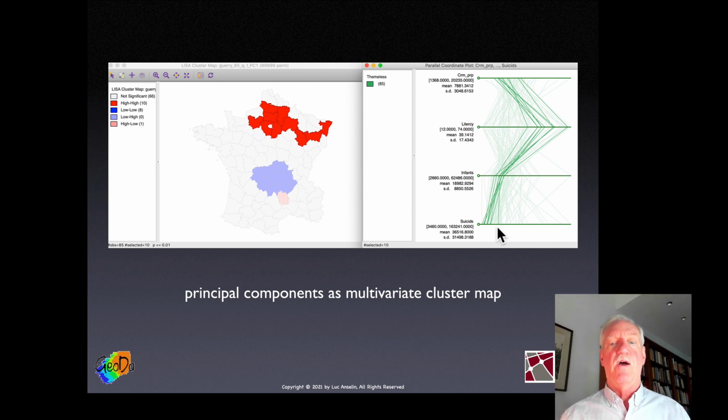And so in this particular case, we see that the observations in this cluster, especially for these two variables, track very closely. So this parallel coordinate plot on the right-hand side allows us to see how the observations identified as clusters actually act in terms of their composition, in terms of the different variables that are analyzed and combined in the principal component.